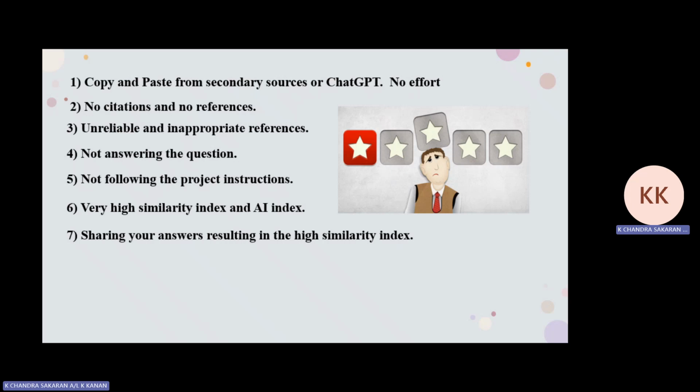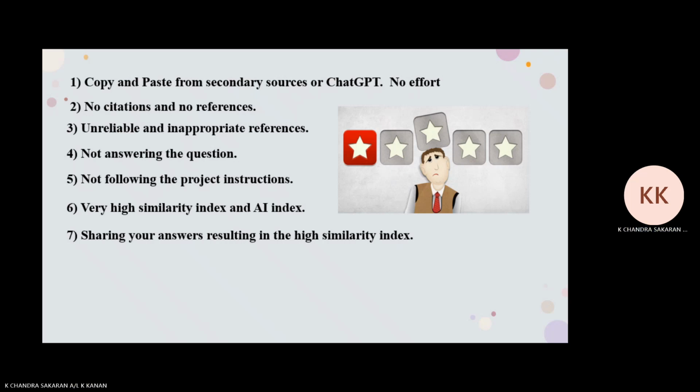Unreliable, inappropriate references. That means using material which is not credible, not reliable. Use good material. Next, not answering the question. Your project is a very structured project, meaning you just follow the structure, create the headings according to the structure and provide your answer.